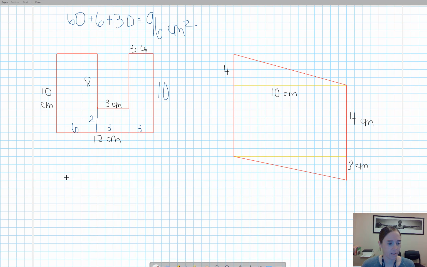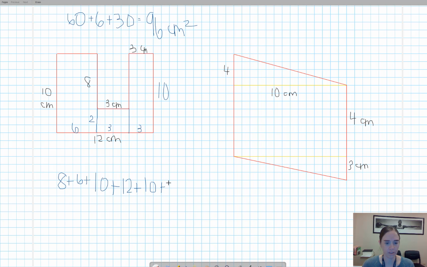So this side is 8. I'm just going to start right here. So I have 8 plus, I know this side is 6. I found that down here. So 8 plus 6, and then that next side is 10. So plus 10. Plus, you don't need to worry about all these little amounts because this whole side here is 12. So plus 12. This whole side we already found is 10. So that's plus 10.